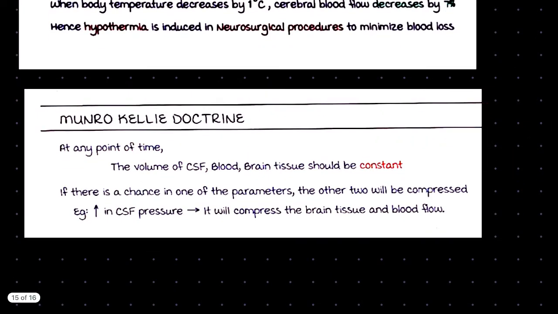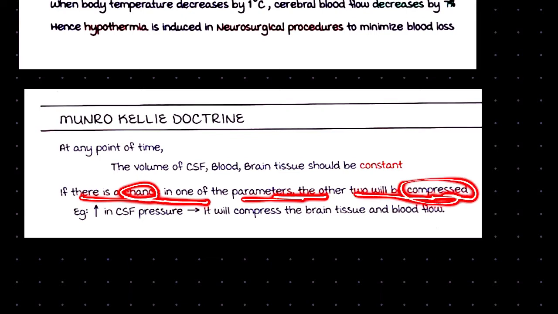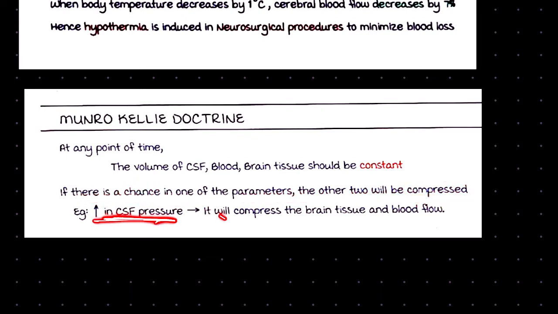If there is a change in any one parameter, the other two will be compressed. Such as if CSF is increased, it will compress the brain tissue and blood flow. So this is the Monro-Kelly doctrine.